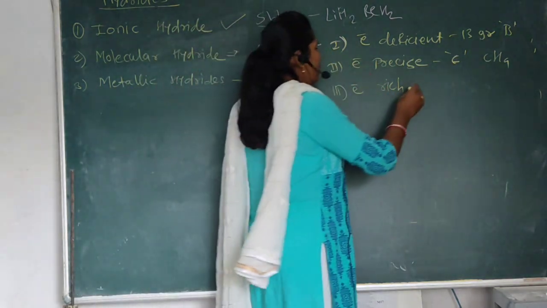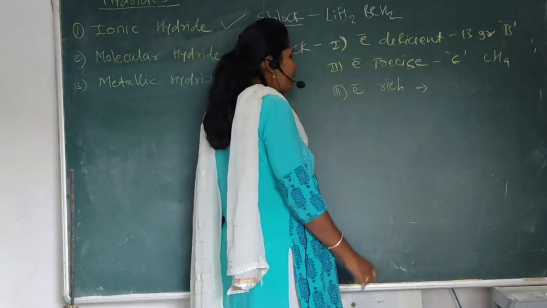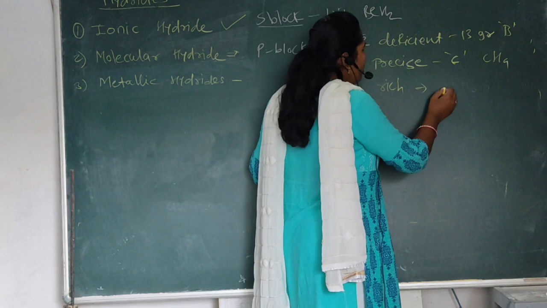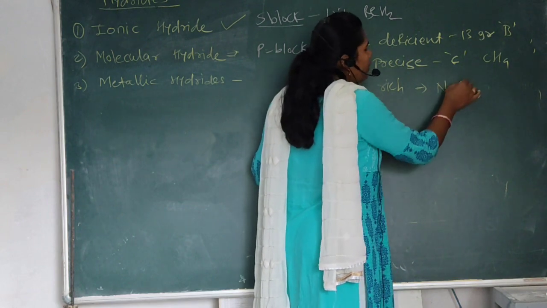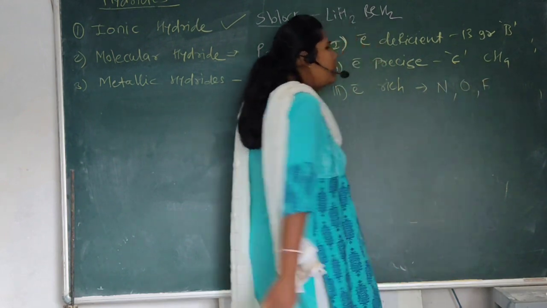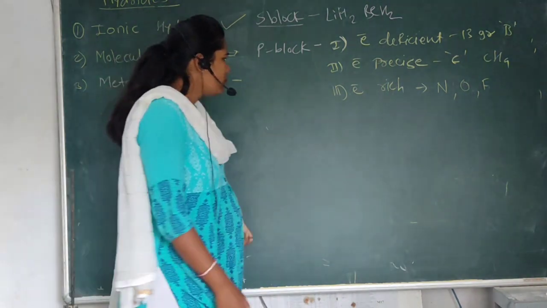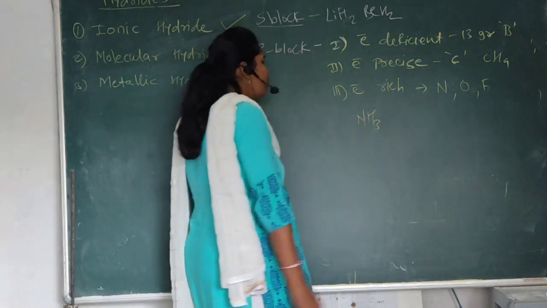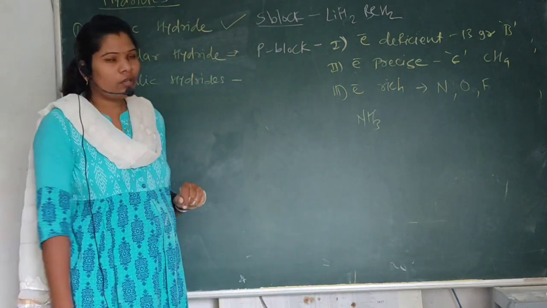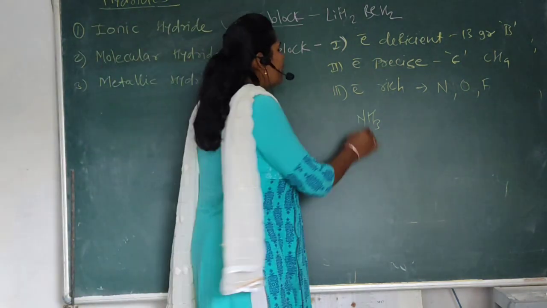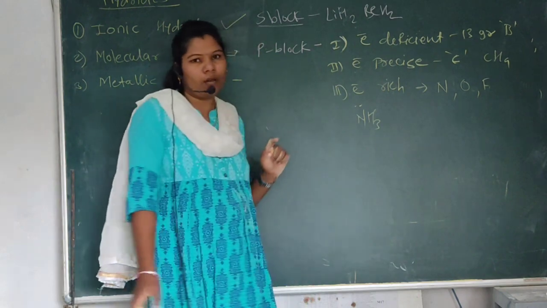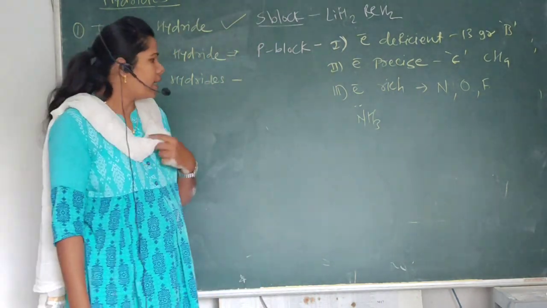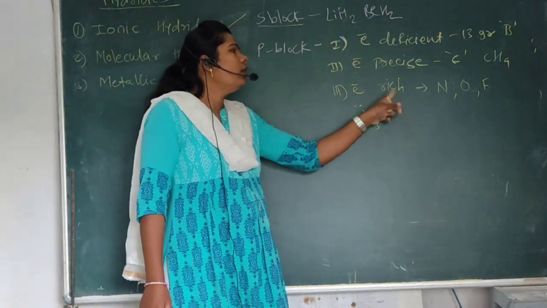And third, electron rich hydride. This includes the nitrogen family, oxygen family and the fluorine family. Whenever hydrogen is reacted with nitrogen, there is a formation of this type of hydride. It contains an extra number of electron pairs, and that's why this is called electron rich hydride.